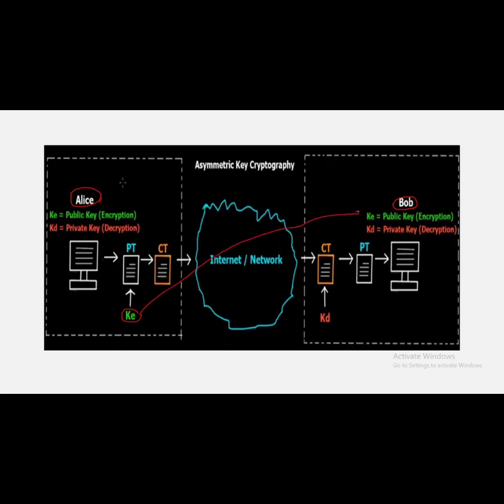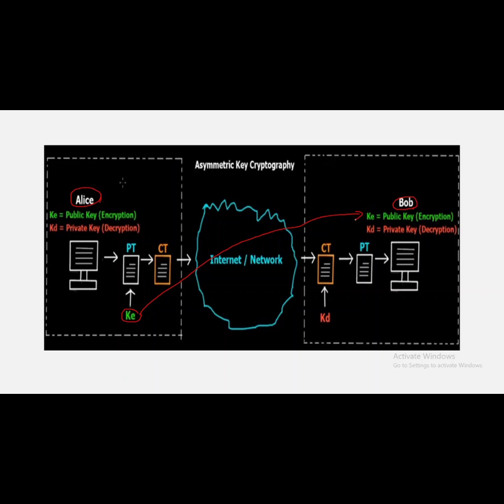Okay, so now the ciphertext is sent via the internet and it is received by Bob, who then uses his private key to decrypt the ciphertext, make it into the plain text, and he simply reads it.